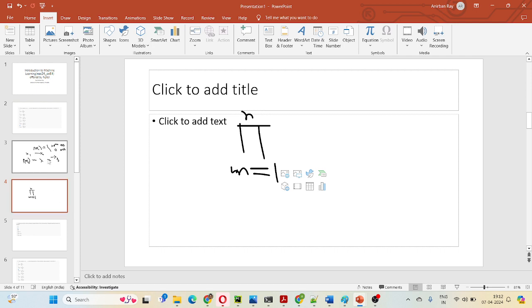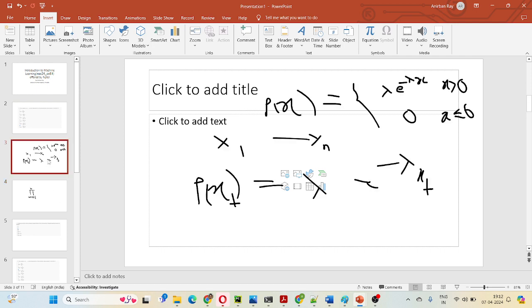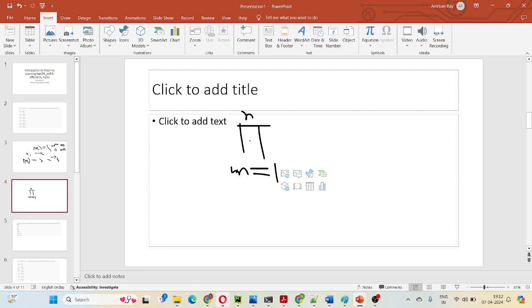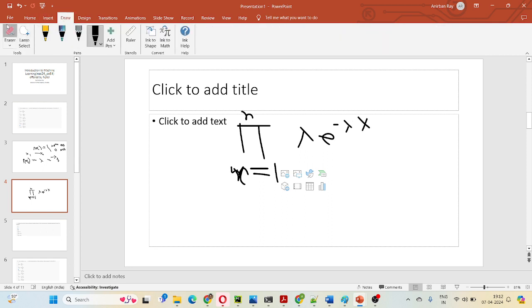What you have here is lambda, and you write it with xt.